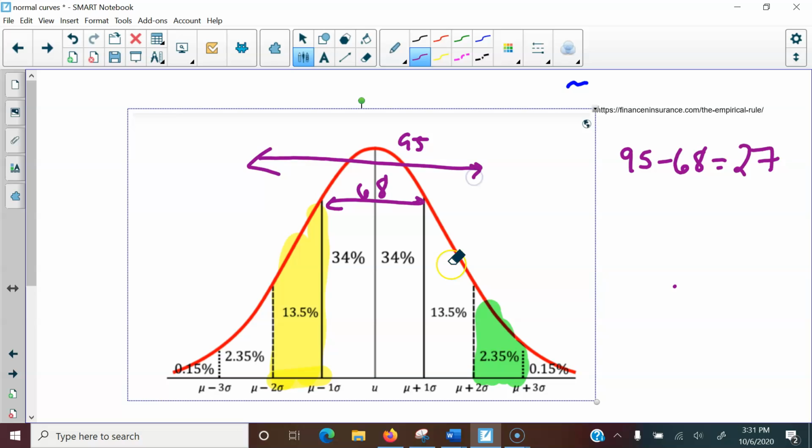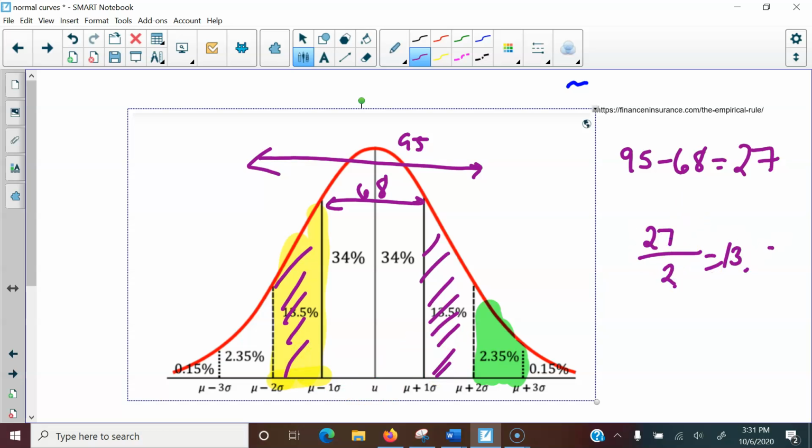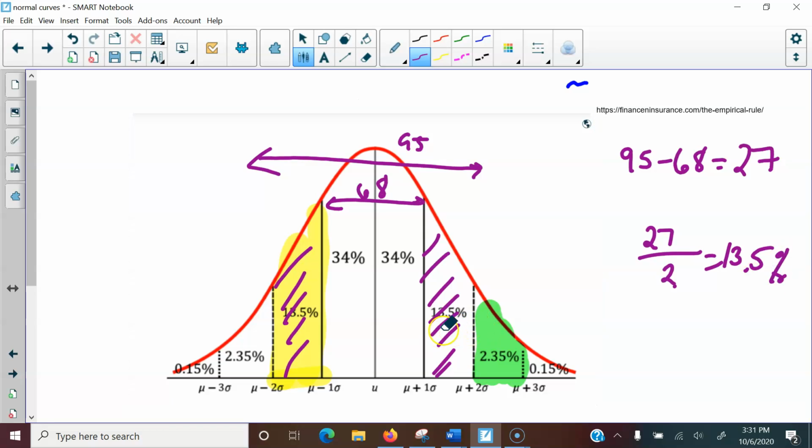So that's saying that there's 27% of the data within the 95, but outside the 68. That would be this area and this area as well. And then since there are 2 of them, 27 divided by 2 gives us our 13.5%. That's how we got the 13.5% that is present right here.